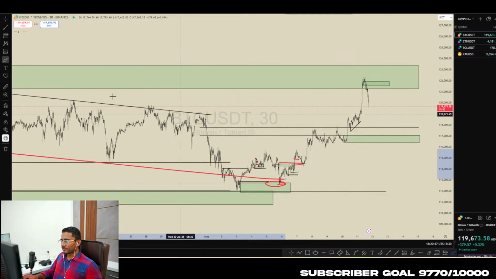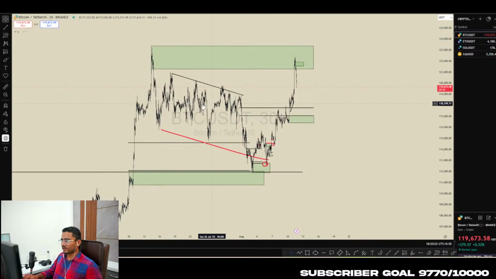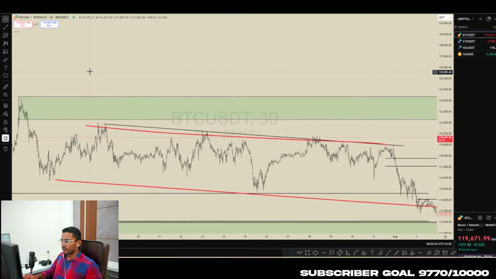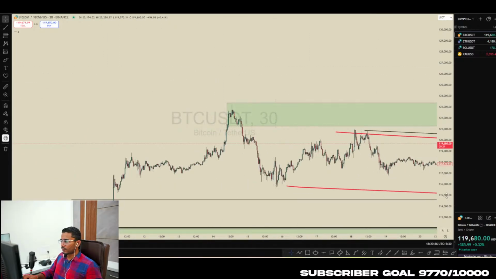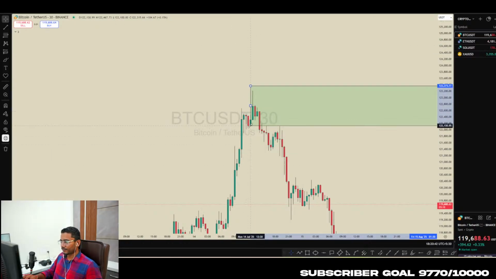So if you look at this area on BTC, we can see there is this channel. We have this trend line liquidity upside. Not exactly this liquidity, but we have this channel thing going on. And if you look at this order block, this order block has not been mitigated here.